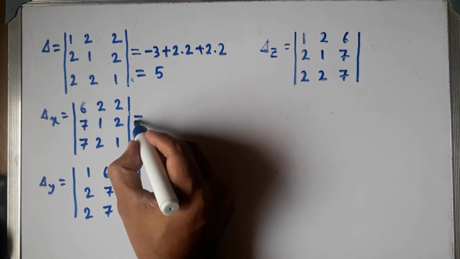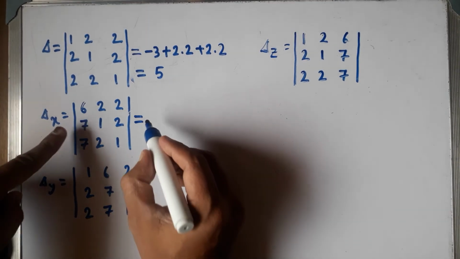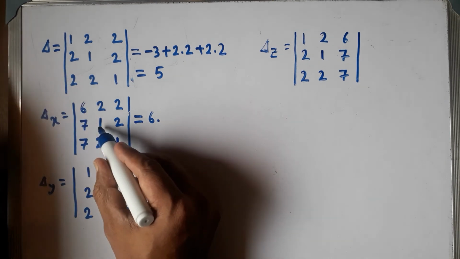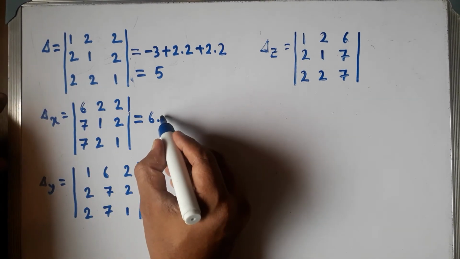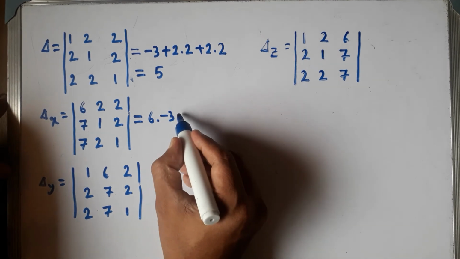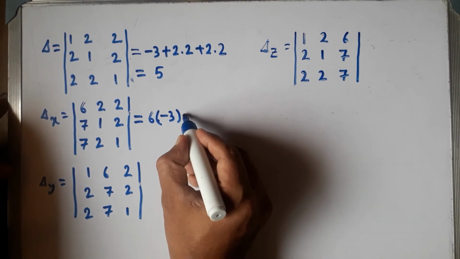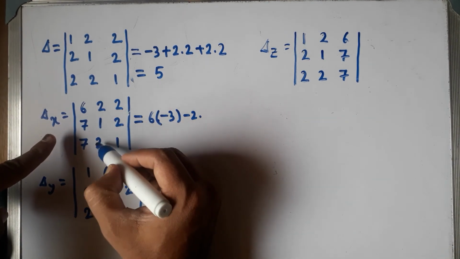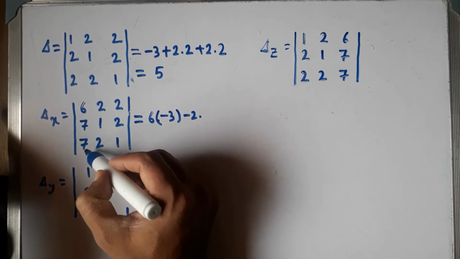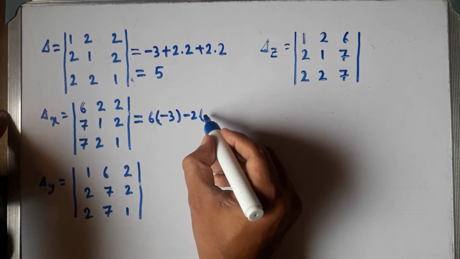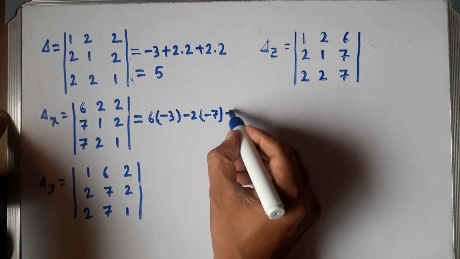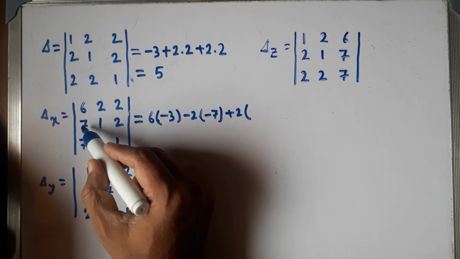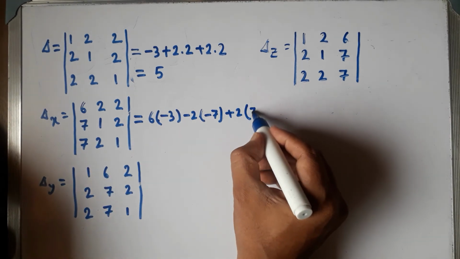Delta x is equal to 6 into 1 minus 4, that is minus 3. 6 into minus 3 minus 2 into this row this column removed. So 7 minus 14, it is minus 7, plus 2 into this row this column removed, 14 minus 7, that is 7.